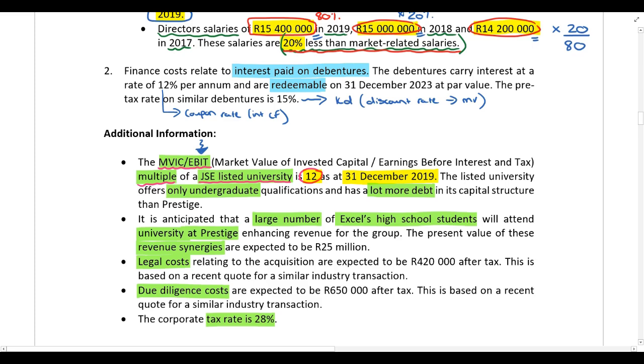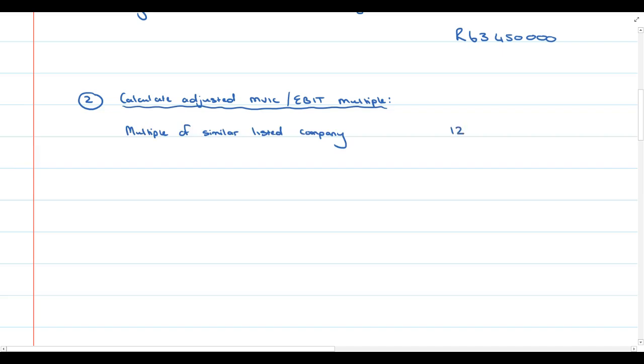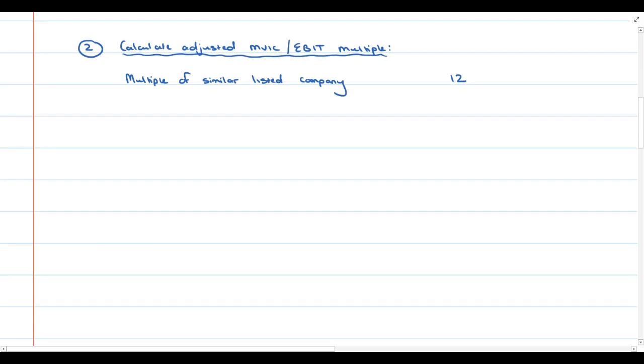So that is the multiple of the similar listed company. And now we need to consider entity level differences. Now please make sure that you study the list of entity level differences that I've provided you with in the lecture. You can then go through that list and consider which adjustments are necessary.